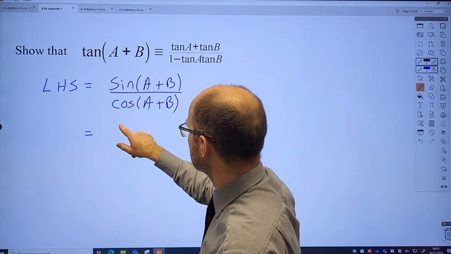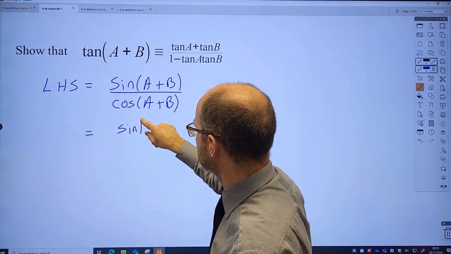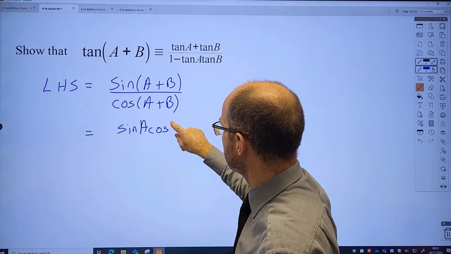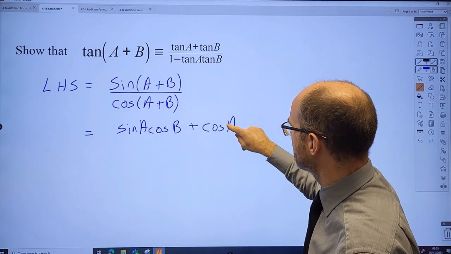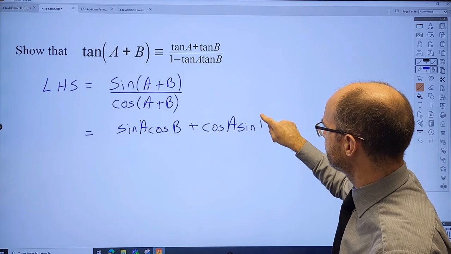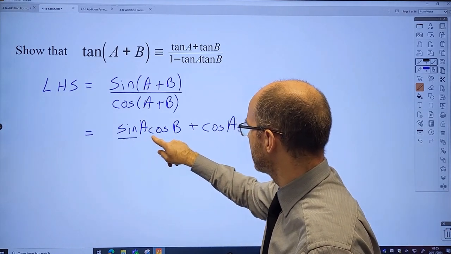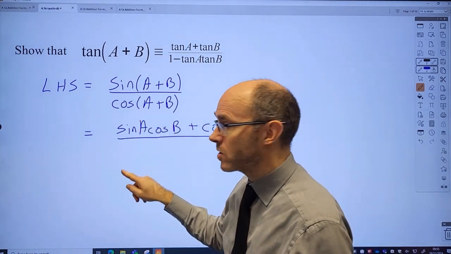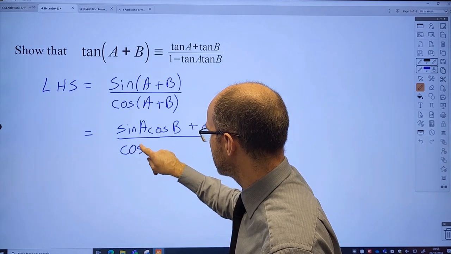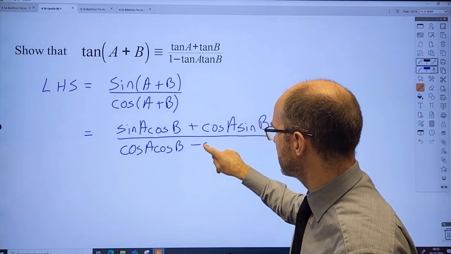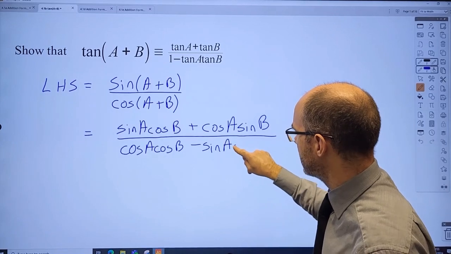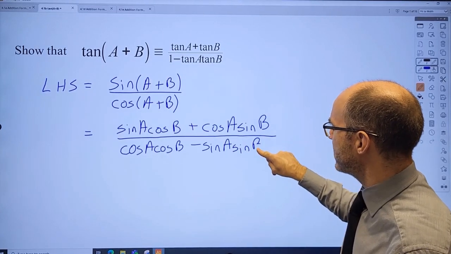So you've got sin A cos B plus cos A sin B, all over cos A cos B, remember it's going to be minus sin A sin B, and we're very nearly there.